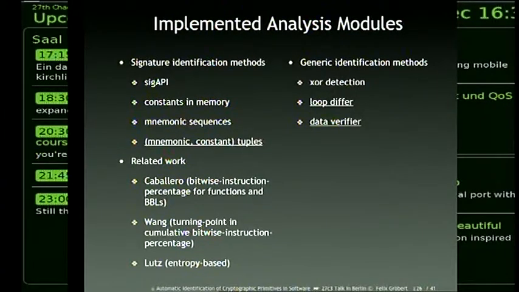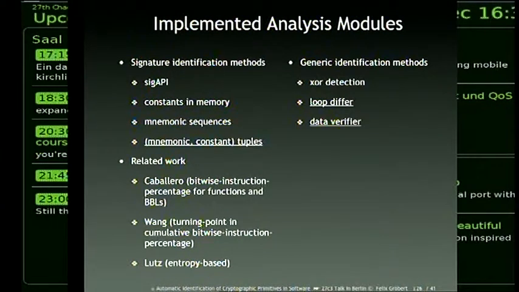So I implemented several identification methods. A most naive identification method uses signatures on debug symbols of common APIs. Then I used several constants, which were also used by the reverse engineering tools, and tried to find the constants in memory.